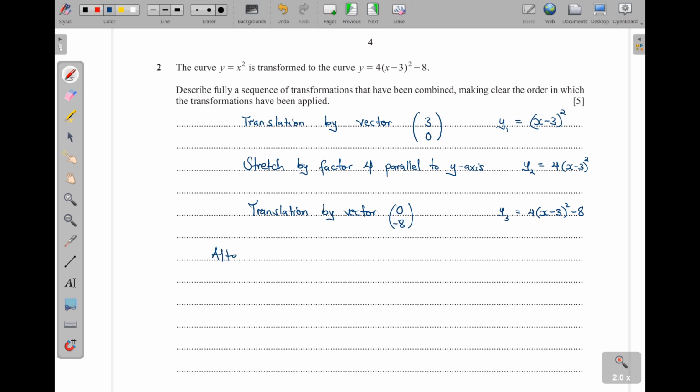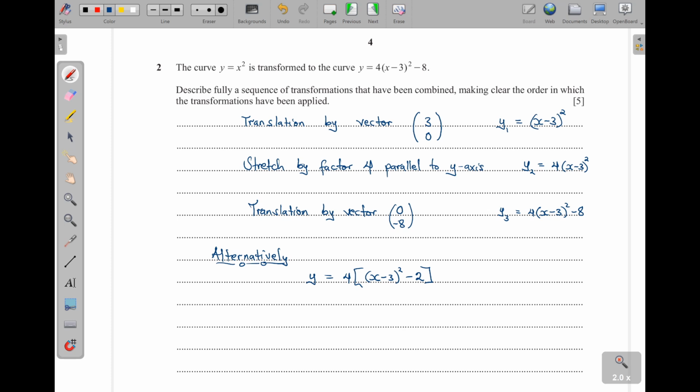Alternatively, if you want to do the translations first, you can do it. So alternatively, I can write this y, I factorize out the 4, because the 4 is in the 8 and the 4 here. So I can write it as 4 into (x minus 3) squared, then minus 2.